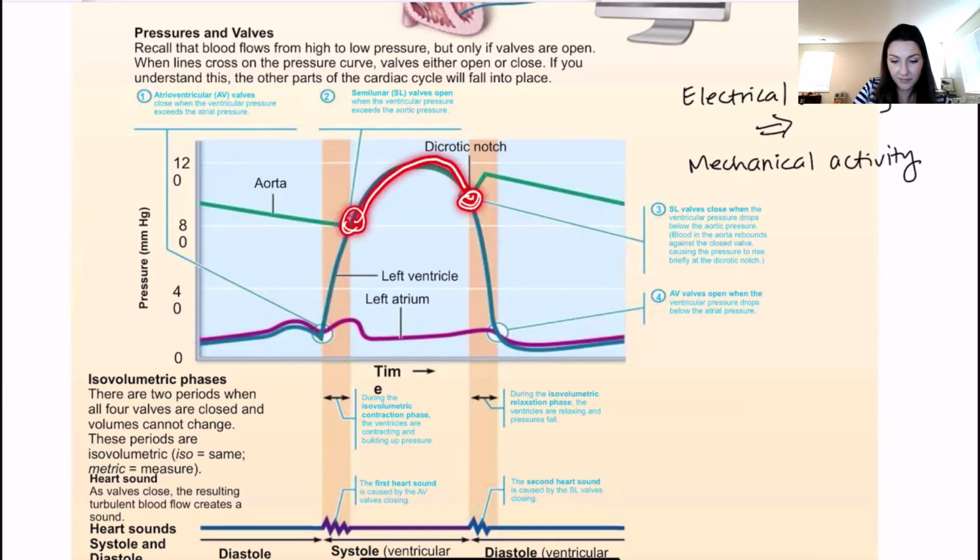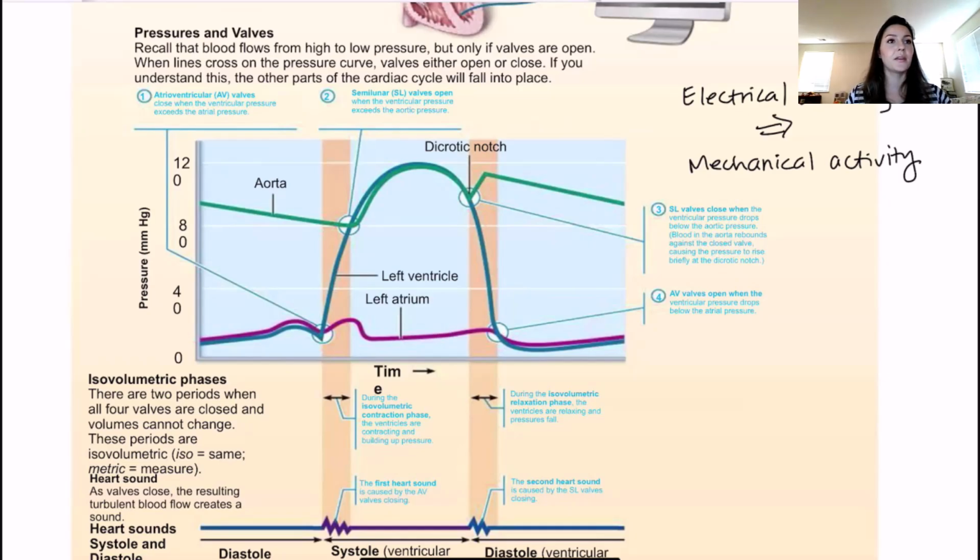A valve opens, big change in pressure for the ventricles, a little change in pressure for those great vessels. That's a big thing, okay? When the valves are closed, that's our isovolumetric phases. So nothing is entering or leaving the ventricles.